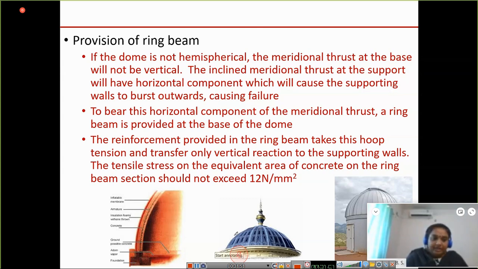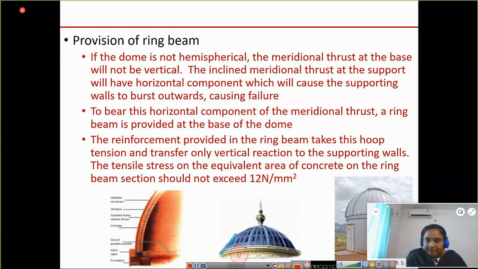So what will happen then? It's very difficult for me to draw it in this. It will have a horizontal component as well as a vertical component for this stress, right?